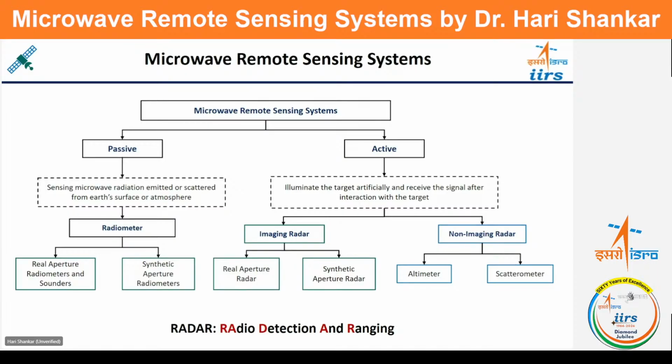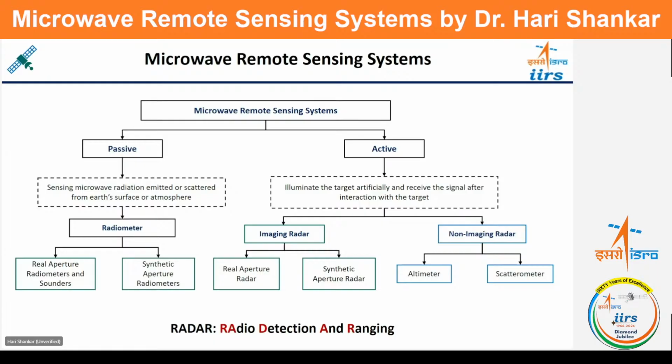For this active microwave remote sensing, we are using radar systems. Radar stands for radio detection and ranging. Ranging means finding the distance between the sensor and the target.